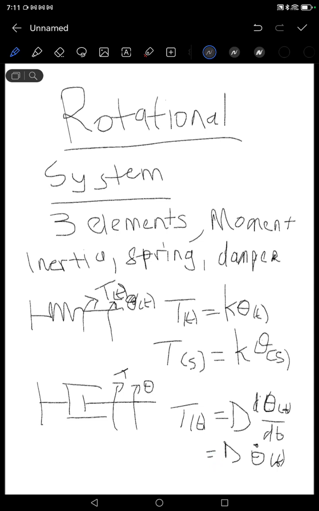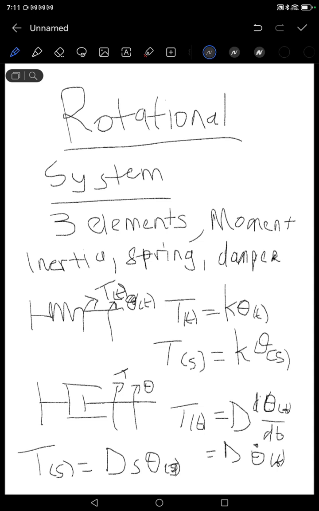And then when we introduce Laplace both sides, we're going to have the big letter T of s equals D s theta of s, like this. So that's when we introduce Laplace both sides. Okay, so the Laplace of the first derivative is s theta of s.